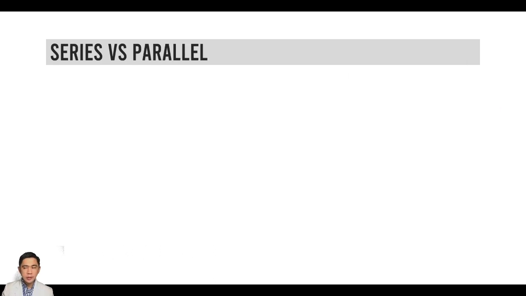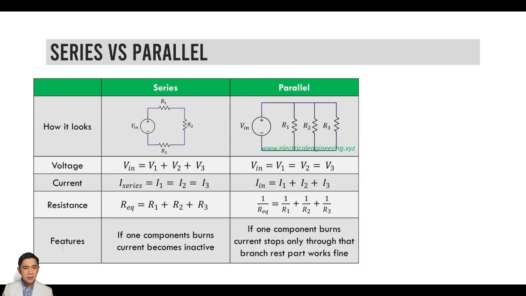Let's talk about series versus parallel circuits. So these are basic resistance diagrams from high school. We have series circuits and parallel circuits. In series, we see that the current will flow through this line and it will meet all the resistance, and the resistance will add up.